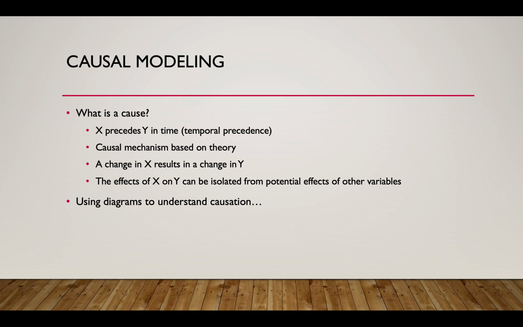The first one to think about when we're talking about regression models, especially regression in the context of how it's often used today, is can we say for sure that x comes before y in time? That is, is there temporal precedence for x leading to y?